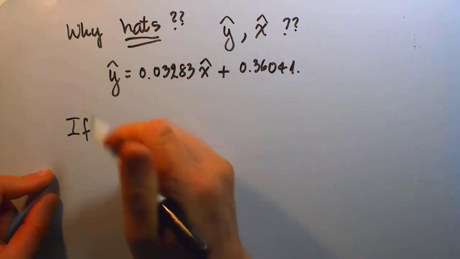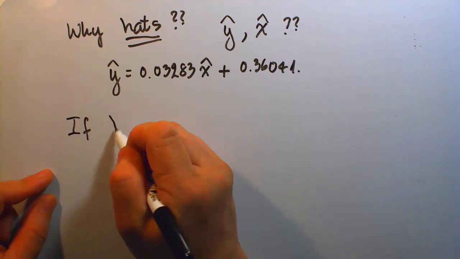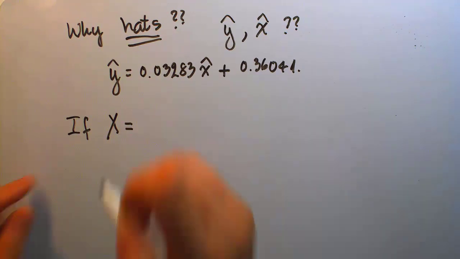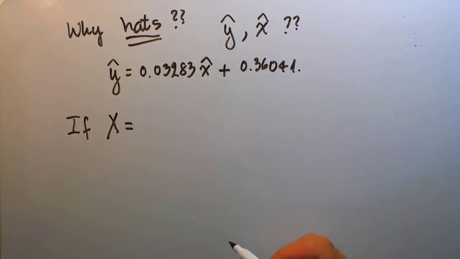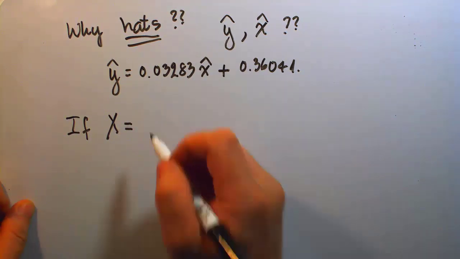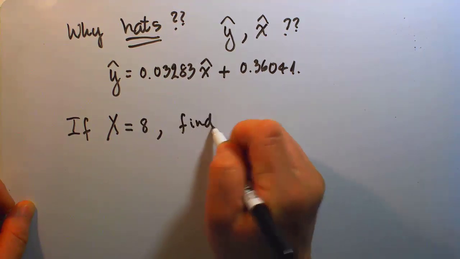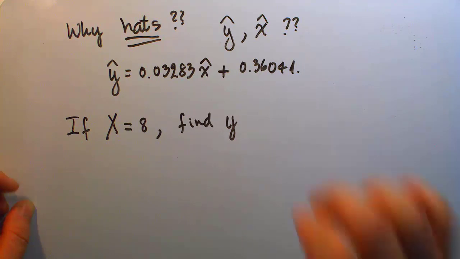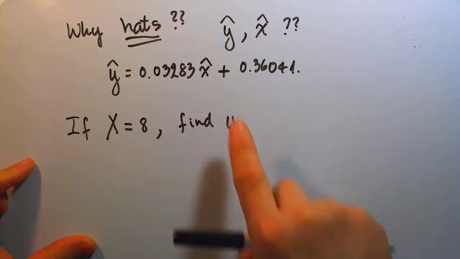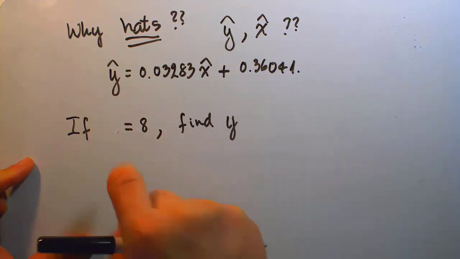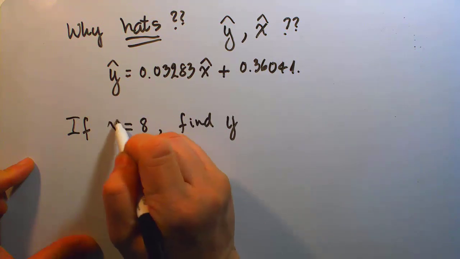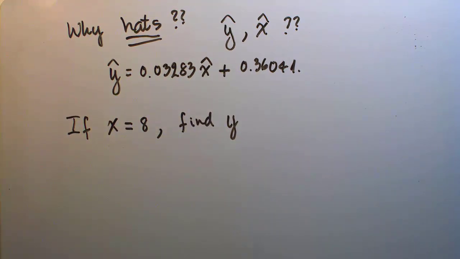If x equals 8, find the y value, or I could also use a lowercase letter here. It makes no difference. So if x equals 8, find the y value.